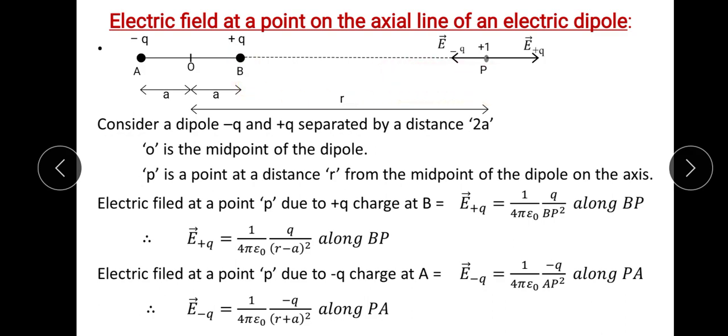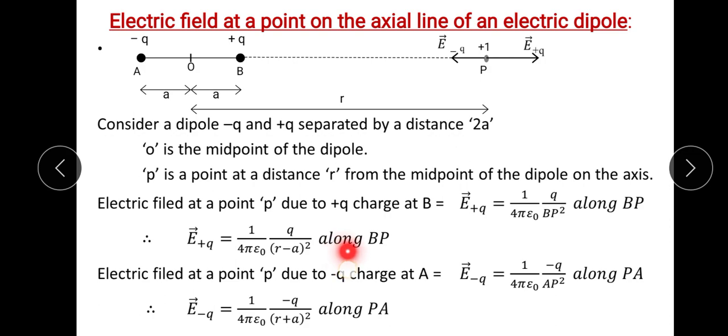The distance BP will be r minus a. Why is it r minus a? Because from the midpoint to P the distance is r, and from the midpoint to B the distance is a. Therefore the distance between B and P becomes r minus a. Therefore in the denominator we have r minus a the whole square.